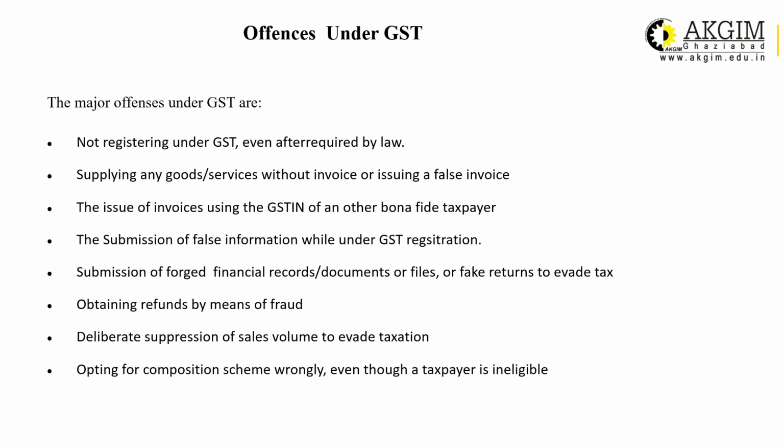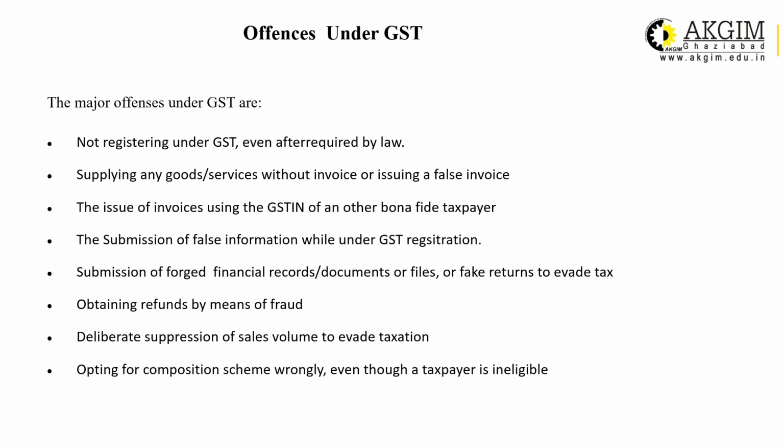False submission of information, giving wrong, manipulated information under GST registration. Submission of forged financial records, documents or files, or fake returns to evade tax. For the purpose of tax evasion, if you are submitting wrong details, wrong returns, false records, then it comes under offense.